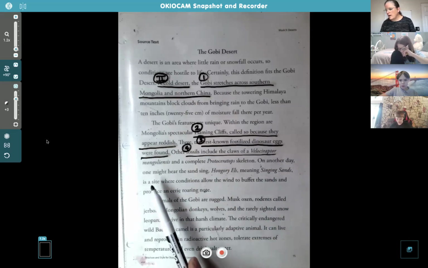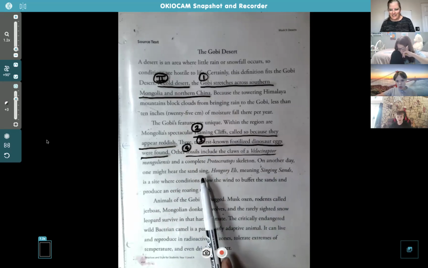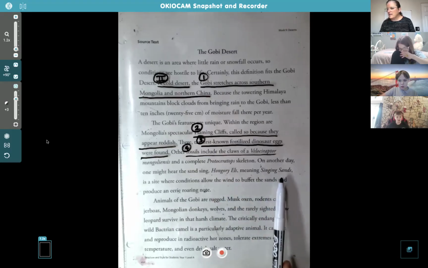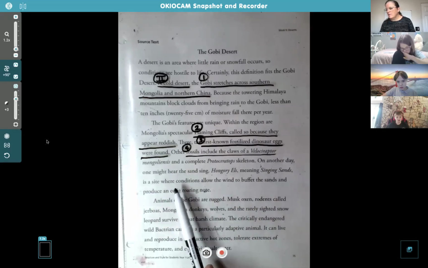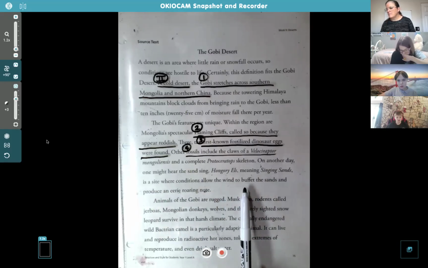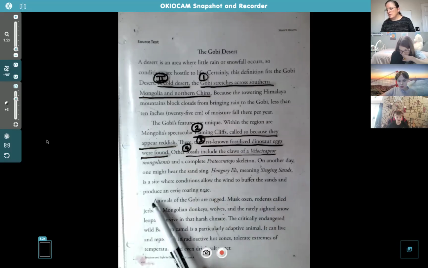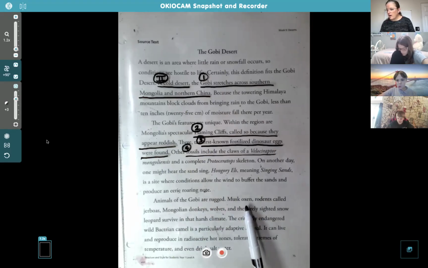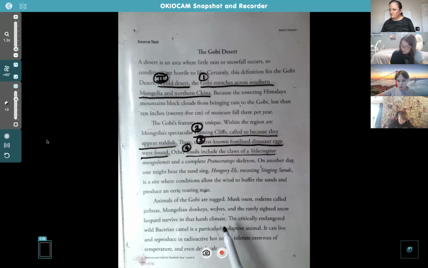On another day, one might hear the sand sing. Hongoryn Els, meaning singing sands, is a site where conditions allow the wind to buffet the sands and produce an eerie roaring note. Animals of the Gobi are rugged. Musk oxen, rodents called jerboas, Mongolian donkeys, wolves, and the rarely sighted snow leopard survive in that harsh climate.